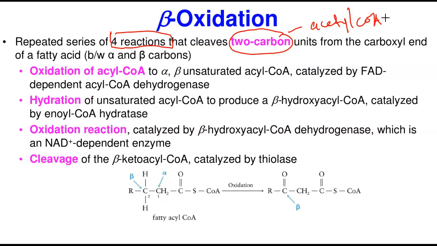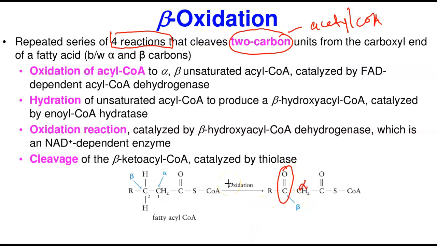What does it really do? Let's see. Now remember when I elaborated this earlier, this is the carbonyl carbon, this is the alpha carbon, this is the beta. In the final reaction that involves an oxidation reduction, this beta carbon forms a keto group. Remember, this is the alpha carbon, this is the beta carbon.